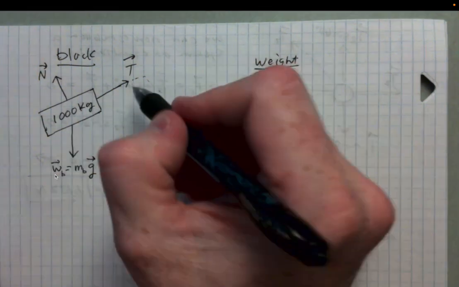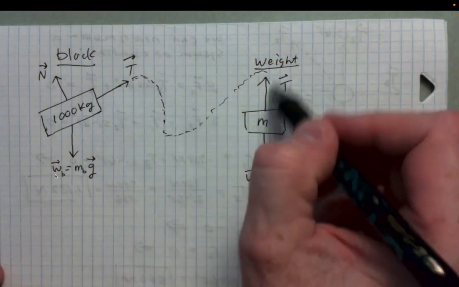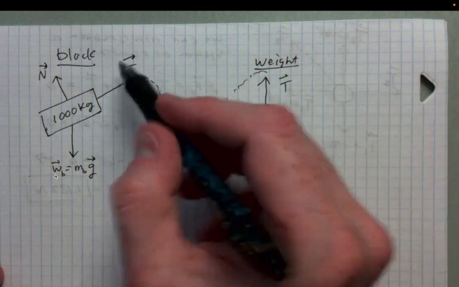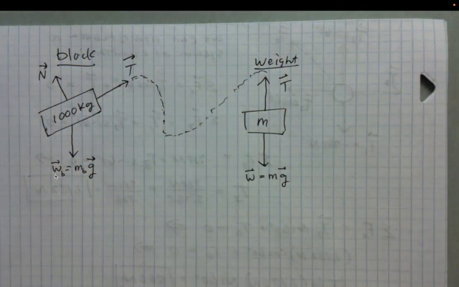There's some kind of a connection. Whatever this force is, this one is equal but opposite. Okay? So the two bodies here, the block and the weight, are linked through the tension in the rope. They accelerate in the same way. We could treat the rope as having no mass, negligible.